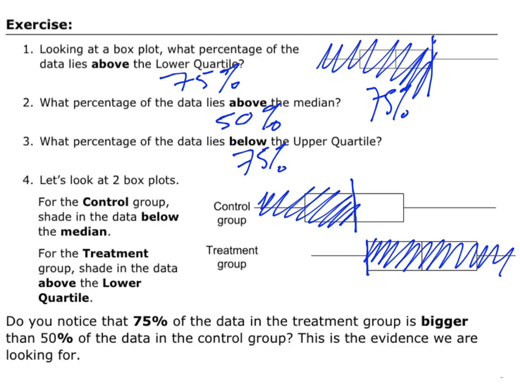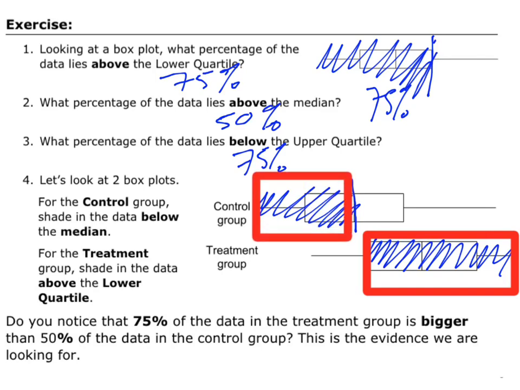So hoping what you notice is that 75% of the data in this group is bigger than 50% of the data in that group. There's actually a bit of a space between these two, okay? And that tells me I've got enough evidence to say that one group tends to be bigger than the other.